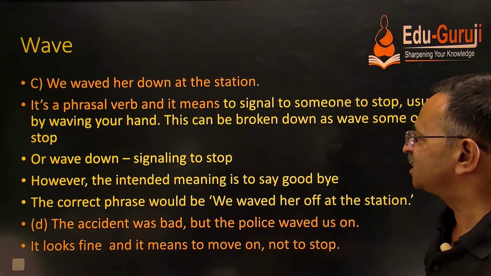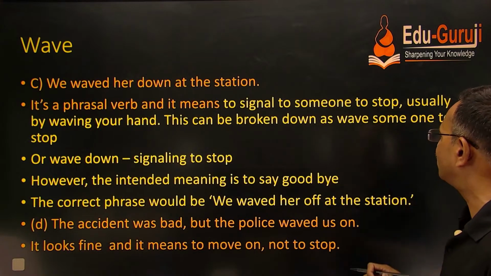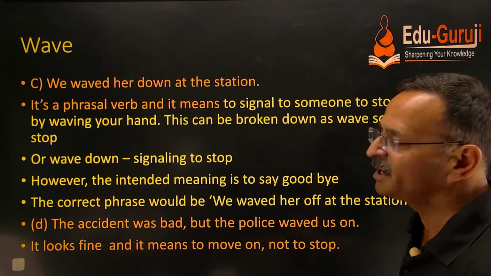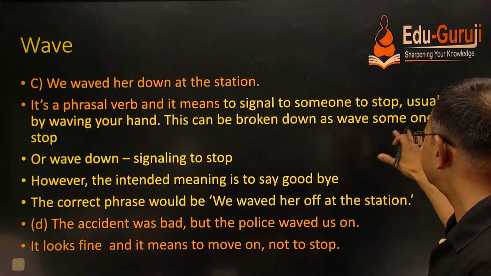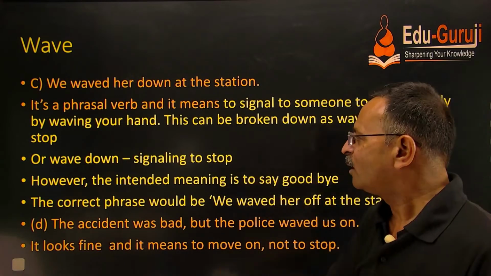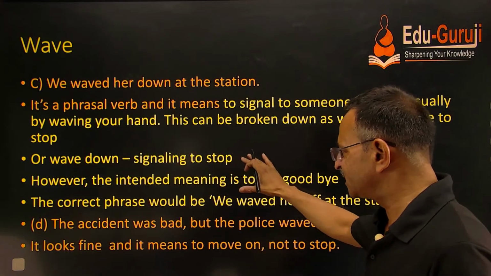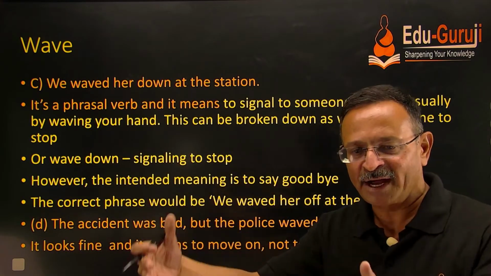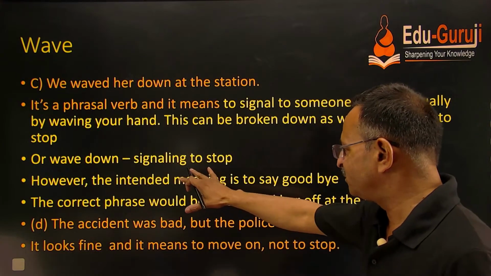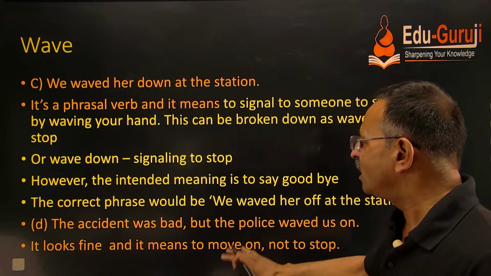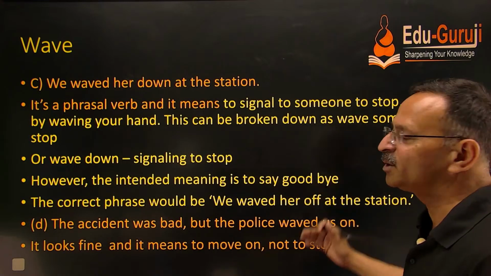So it's a phrasal verb. It means to signal to someone to stop, usually by waving your hand. This can be broken down as wave someone to stop, or wave down, signaling to stop. So you can literally divide it into parts: wave and then down, that means signaling to stop. However, the intended meaning is to say goodbye.